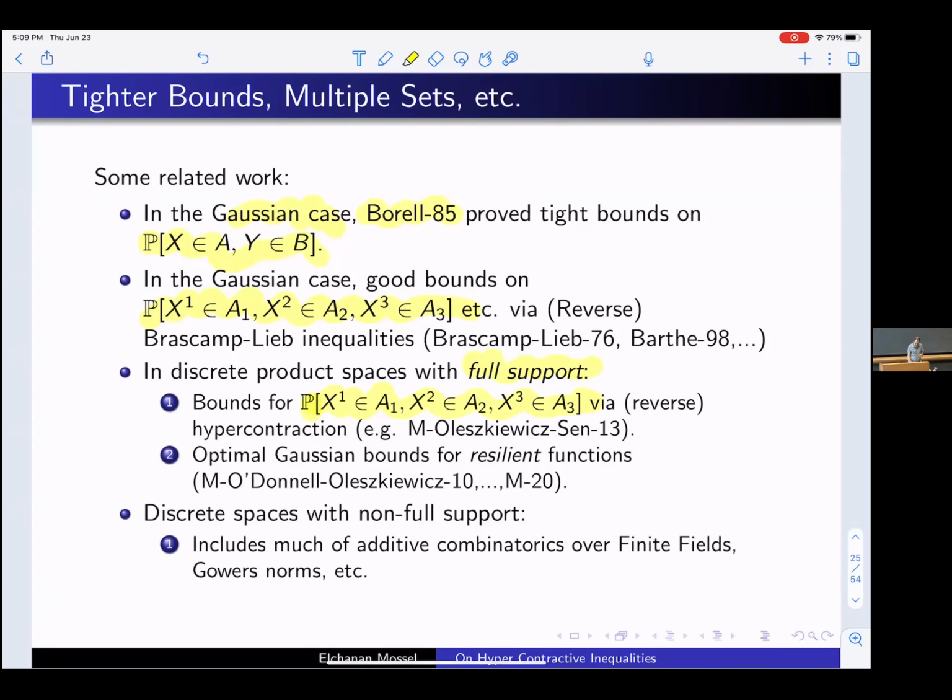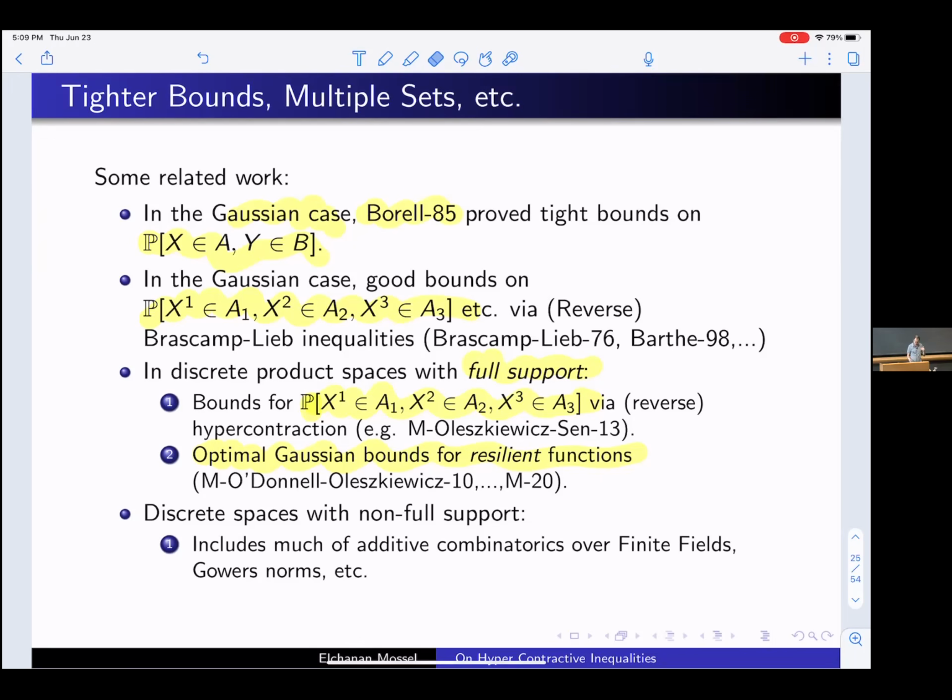And maybe more interestingly, you can prove that the Gaussian picture gives you the correct bound for resilient functions. What are resilient functions? Resilient functions are functions where all of the Fourier coefficients are small. If all of the Fourier coefficients are small, you can carry out everything that you know from the Gaussian theory, including the Brascamp-Lieb inequality and the geometric inequality, to discrete spaces.